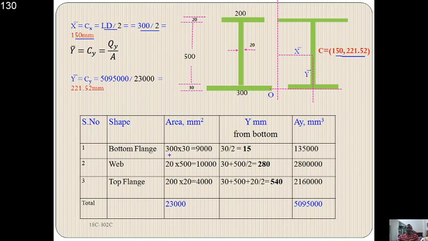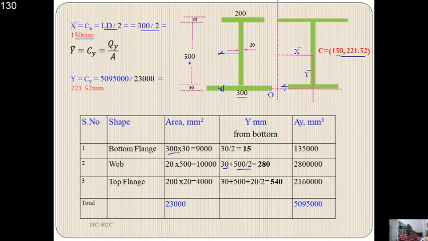So follow the same procedure you learned in the centroid determination. Bottom flange is 300 by 30 because the bottom is the highest width. So bottom is 300 by 30, top is 200 by 20, and web is 20 by 500. Values are taken from the distances of individual y bar distances like this. This height is 30, hence 30 by 2. For the second, from this point we need to add this 30 plus 500 by 2.